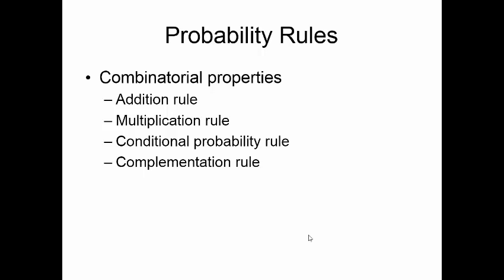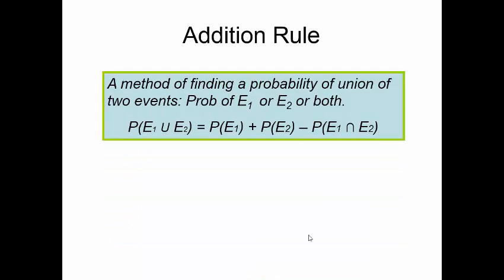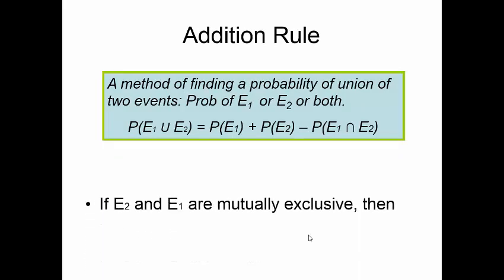The first rule is the addition rule, then the multiplication rule, then the conditional probability rule, and the complementation rule. What is the addition rule? The addition rule is a method of finding the probability of the union of two events.